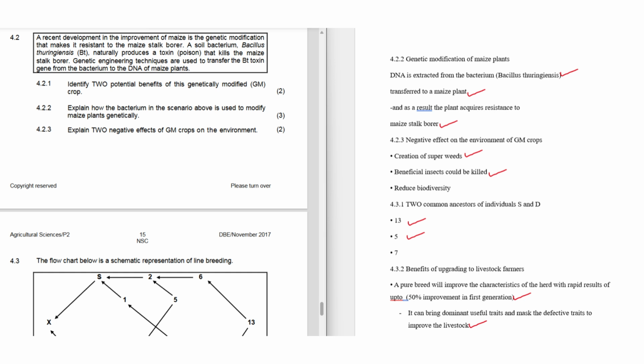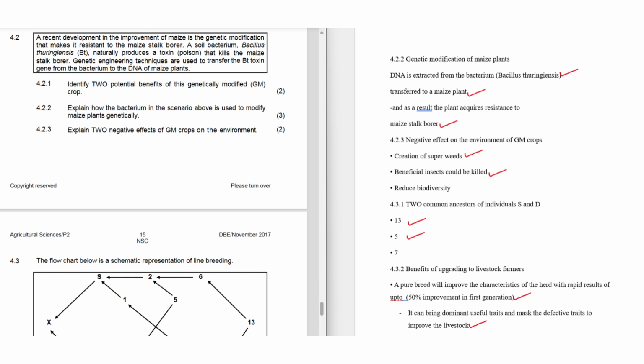Agrobacterium is one of the techniques used in genetic modification in plants, as we know it. But here they gave us another bacterium called Bacillus thuringiensis. So you just need to explain how that DNA is extracted from the Bacillus thuringiensis bacterium, and how it is then transferred to the maize plant.